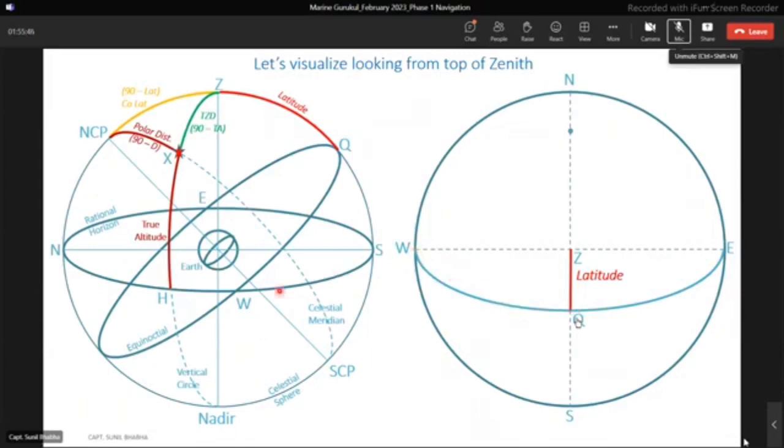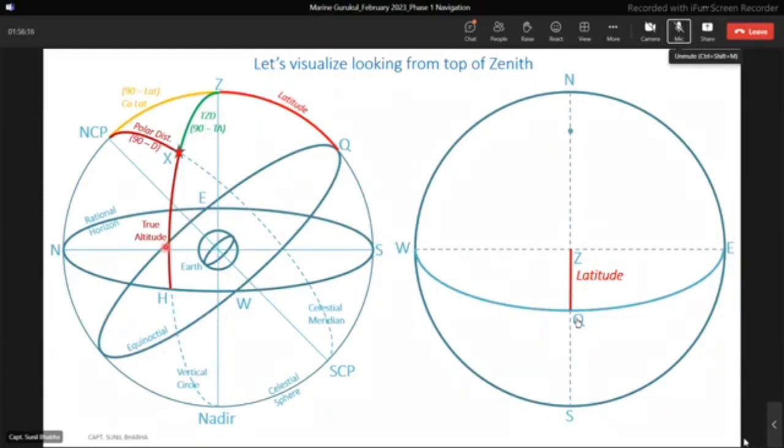This WQE you can see here in the celestial sphere diagram. This is point W going up to point Q, going up to point E. Only this part of the rational horizon will be visible to you. If you go beyond W on this side, or you go beyond E on this side, this is going to fall in the far side of the celestial sphere, which will not be visible to us.